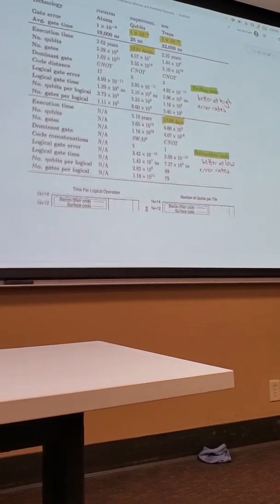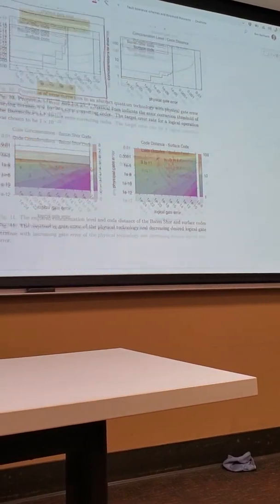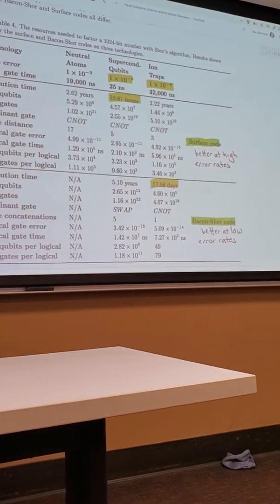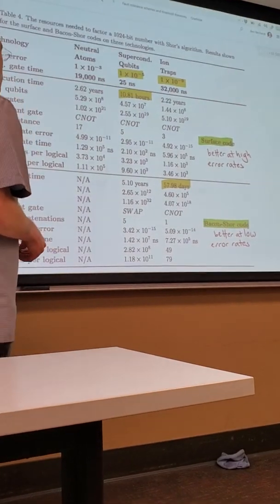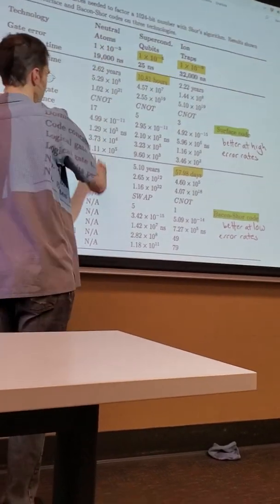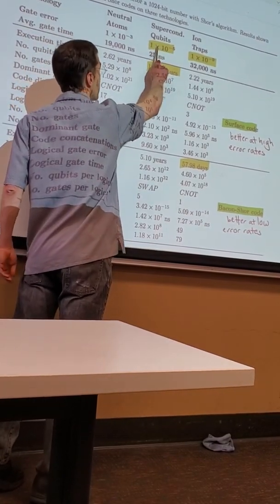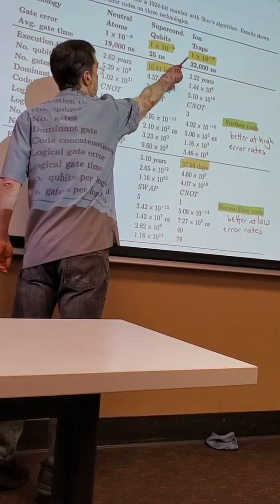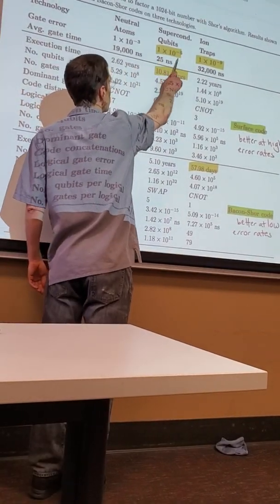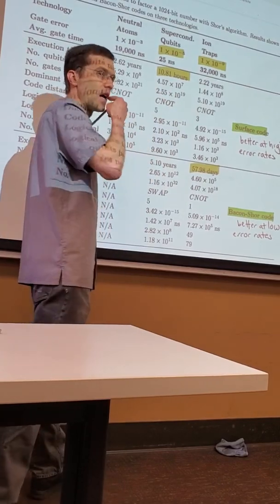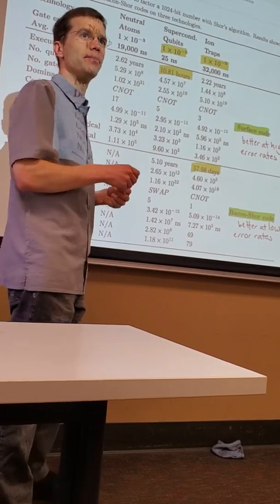You can also see tables like this. You can just go over these figures forever, I suppose. Here, let's ignore this column. These two columns compare superconducting qubits with ion traps at supposed error rates. They're assuming that the error rate on superconducting qubits gets down to 10⁻⁵, which is 2 or 3 orders of magnitude lower than in today's devices.